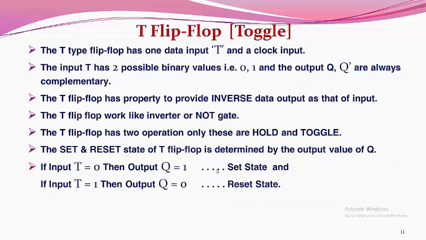And when the input T is equal to 1, then output Q is equal to 0, means the binary value 0 is stored into the T flip-flop and the state of T flip-flop is reset state.